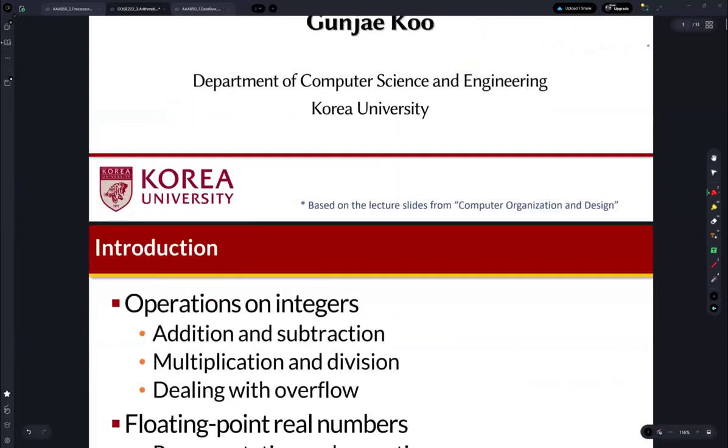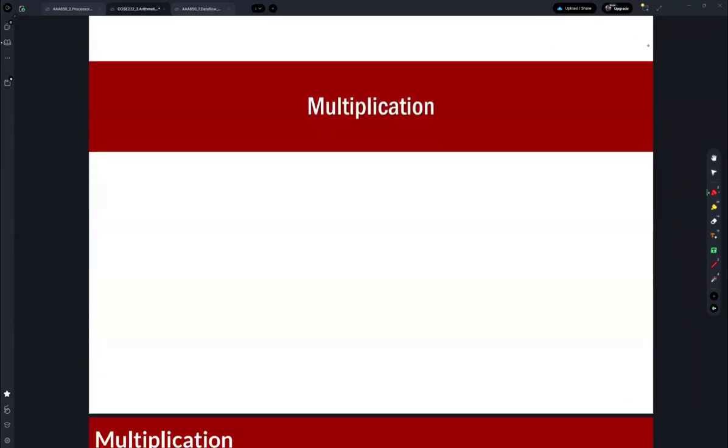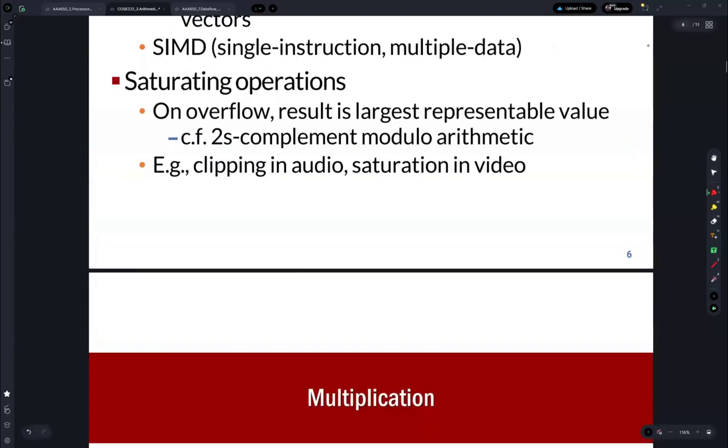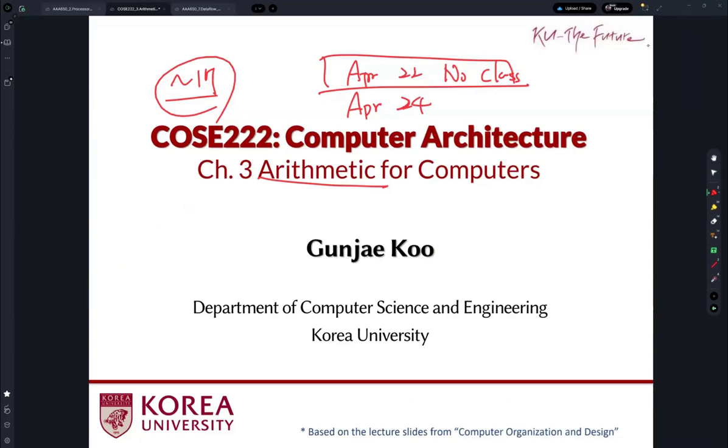We are learning about the arithmetic hardware on the CPU. In chapter 2, we learned about the RISC-V instructions, which include arithmetic operations like add, subtract, multiply, and divide. So our CPU needs to include processing units for supporting these operations.